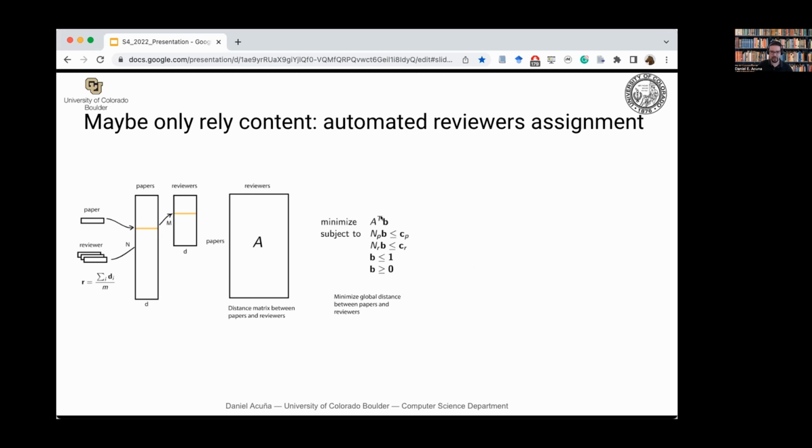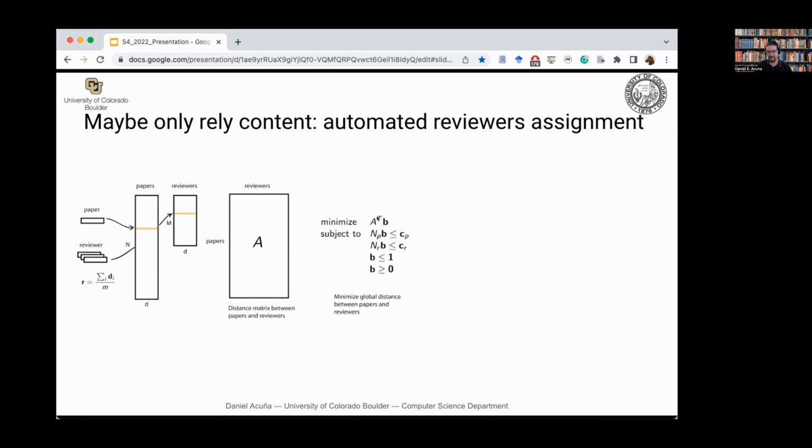Here A will be the distance, not the similarity, so you want to minimize that. So you want the papers and reviewers to be as close as possible.